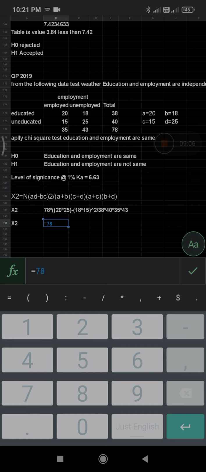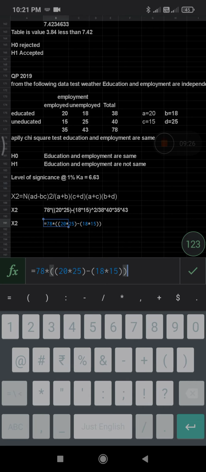Excel sheet will calculate automatically here. 78 into 20 into 25 bracket close minus in bracket 18 into 15 bracket close, again bracket close, then square, divided by.